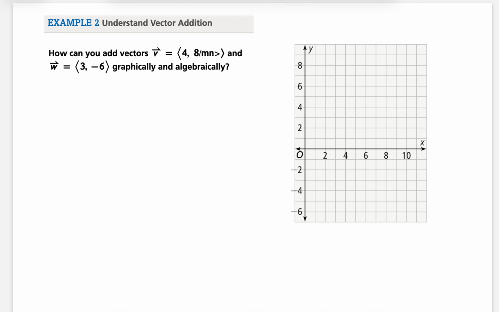Okay, so example 2 says, how can you add vectors? There's some typo in here, ignore that. (4, 8) and (3, -6) graphically and algebraically. So I'm going to use some colors. So let's make vector v (4, 8). So I'm going to start at the origin, and I'm going to go 4 in the x direction and 8 in the y direction.